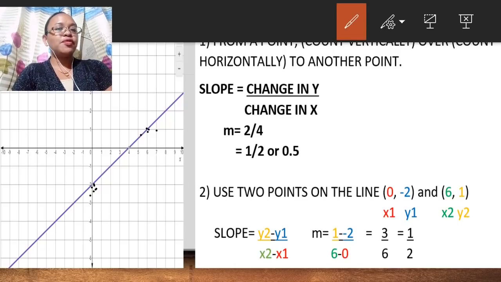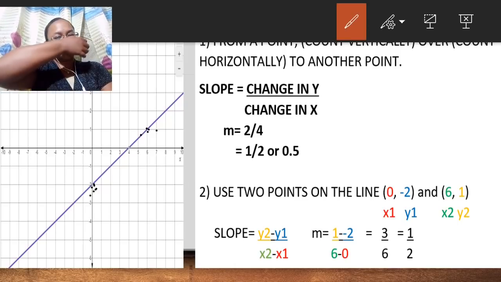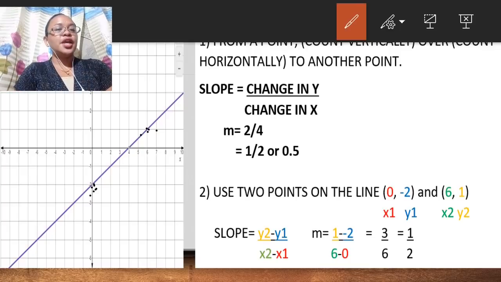So for the first point, 0, negative 2, you label the 0 for your x1, the first x. You label negative 2 for your y1, the first y. And then the second point, 6, 1, you label the first number as your x2, and then the second number as your y2.